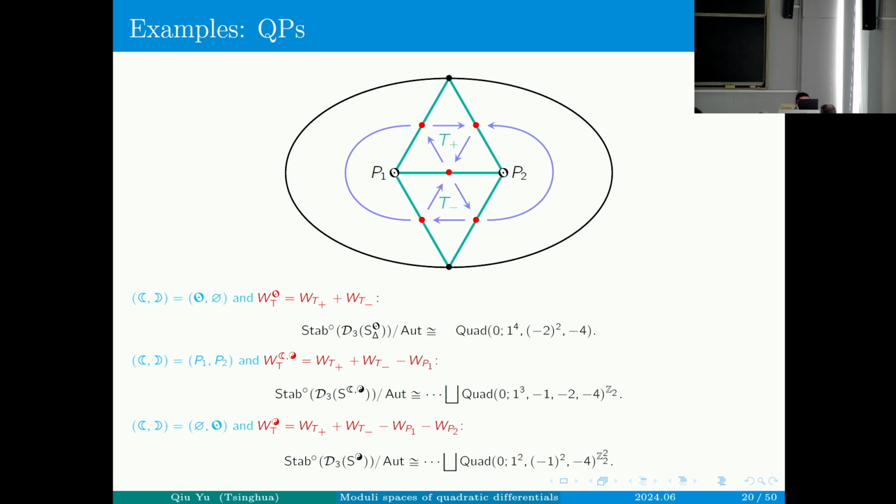But let's look at the example. If we take this stratum we mentioned before, then we can construct this 3 Calabi-Yau category by taking the potential to be the sum of 2 3-cycles in this quiver, this purple quiver. Then the corresponding space of stability conditions on this category will give you this moduli space.